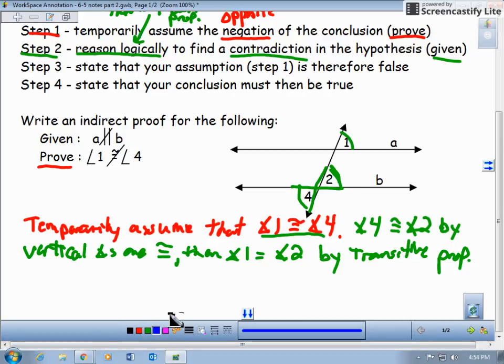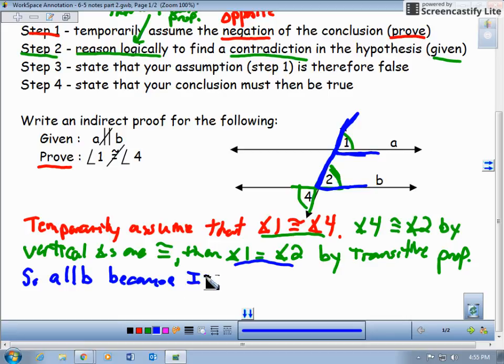Well, notice that those are corresponding angles, and if the corresponding angles are congruent, then we know the lines are parallel. So that's what we're going to say next. So A is parallel to B because if the corresponding angles are congruent, then the lines are parallel.